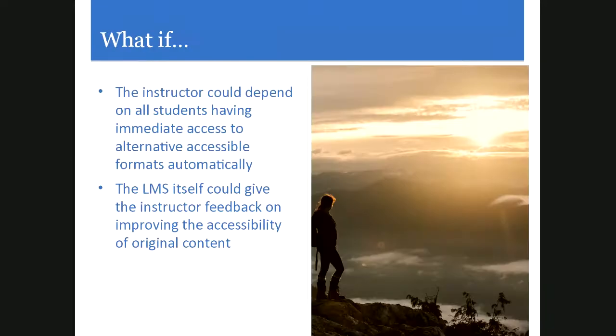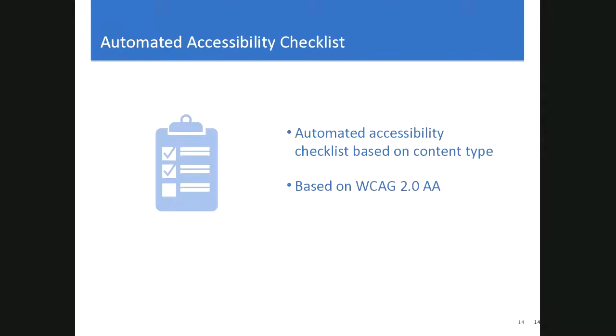What Ally actually does is, when we upload documents into courses, it takes those documents and goes through that accessibility checklist based on the WCAG 2.0 AA standard. Again, there are over 80 items that it's checking.